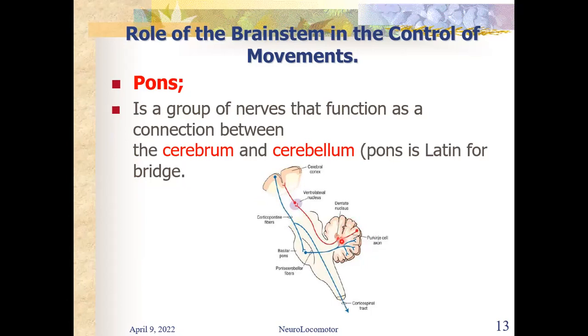The cerebellum compares the planned movements in the cortex and the executed movement. Is the movement going according to plan?